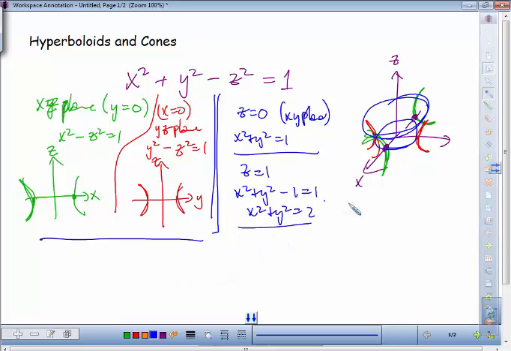And then maybe do one more, say when z is equal to negative 1. I get x squared plus y squared minus 1, since negative 1 squared is positive 1. So that's going to give me the same circle as I got down here, the same radius. So it looks like it's going to be a hyperboloid, and it looks like it's a hyperboloid that has one sheet.